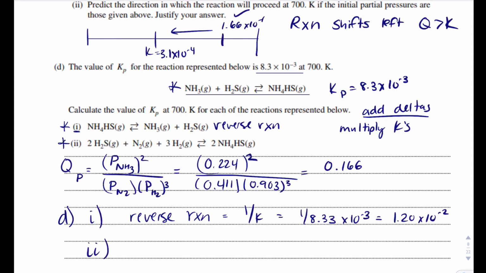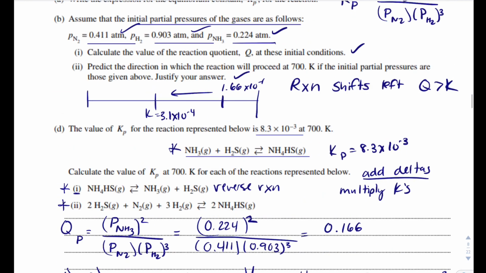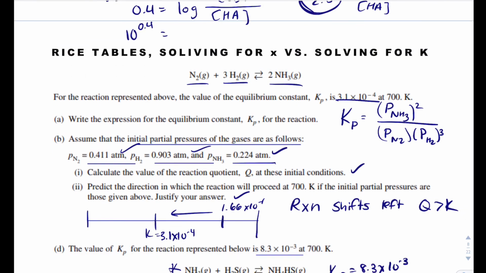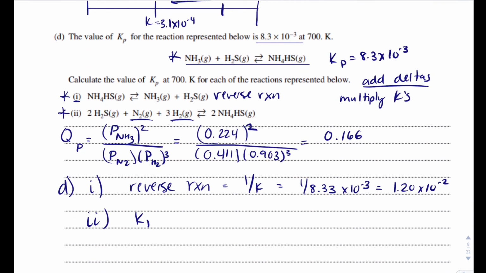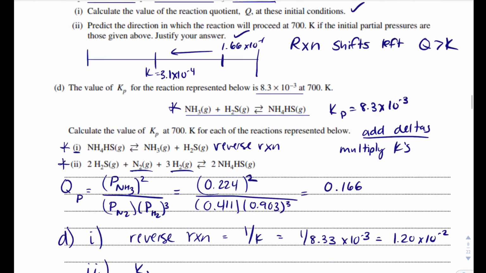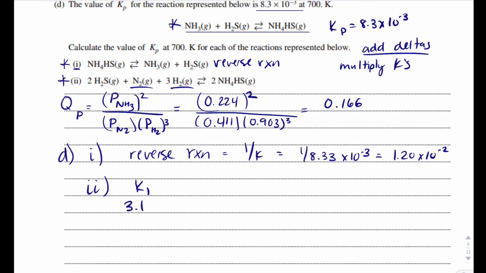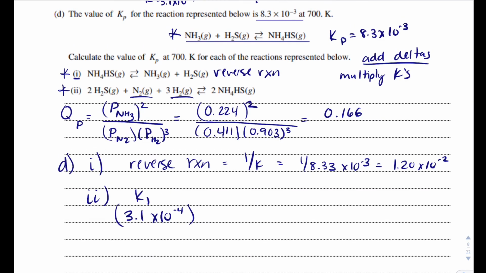Now in part 2, this looks a lot like the first reaction, but we've got some other stuff. This is the regular first reaction, so I'm going to call this reaction 1, and nitrogen and hydrogen are still on the left, so we're good. So I'm going to say K1, which for that reaction was 3.1 times 10 to the minus 4. And then it looks like they've added in this reaction, but they've doubled it.